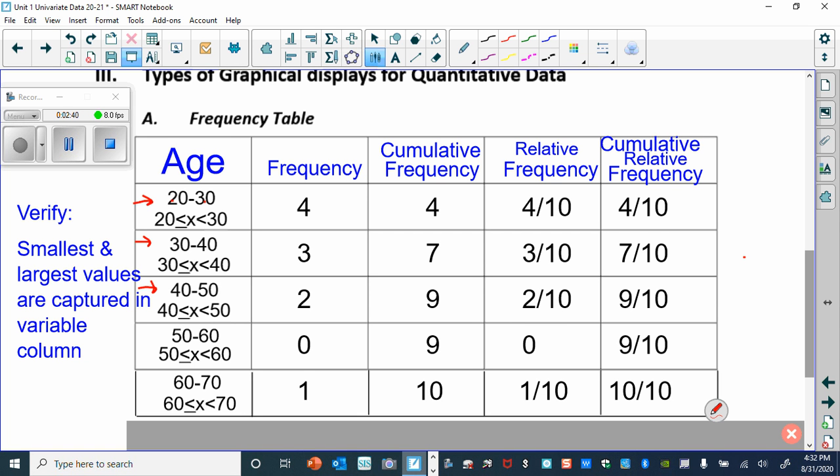So if someone's 30, where do I put them? Do I put them in the 20 to 30 or the 30 to 40? And so right below each of these is kind of an explanation. This means that X is greater than or equal to 20. And so this group includes 20 because it's greater than or equal to it. But it does not include 30.